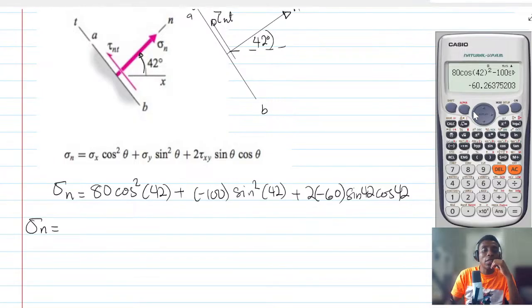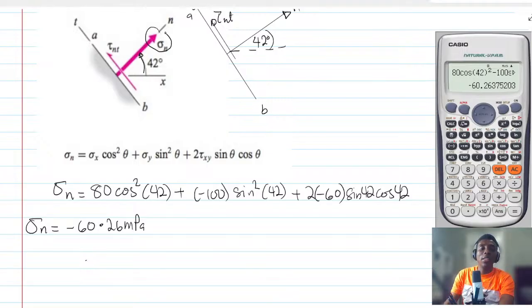So what do you get? So we get the normal to be minus 60.26 megapascal.